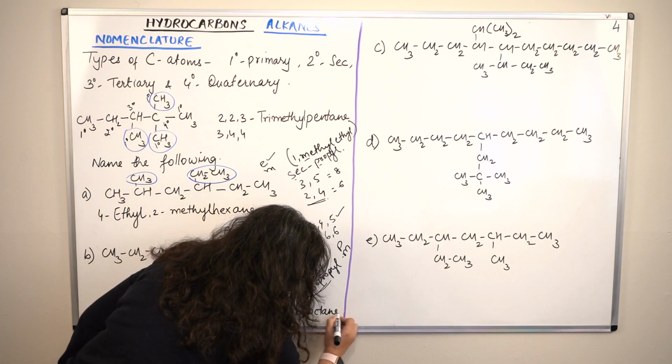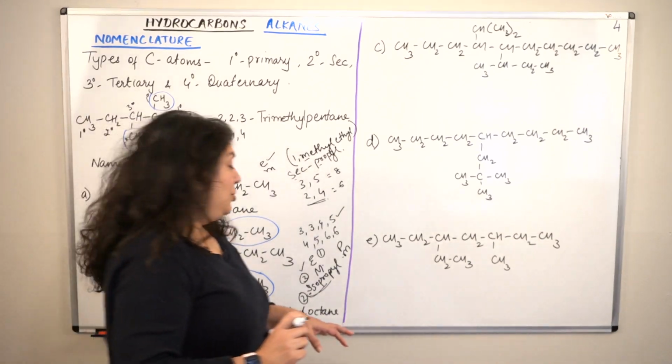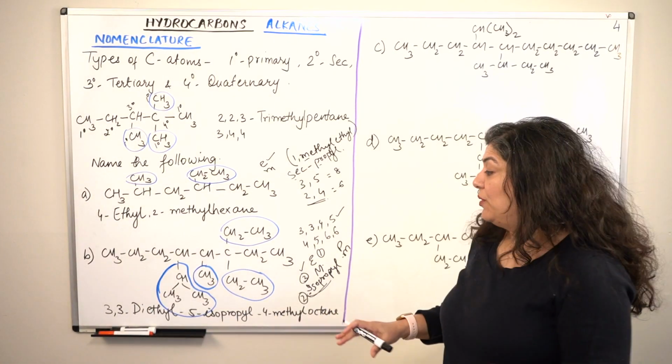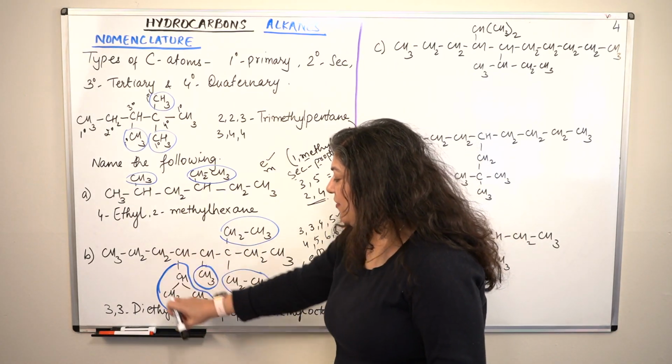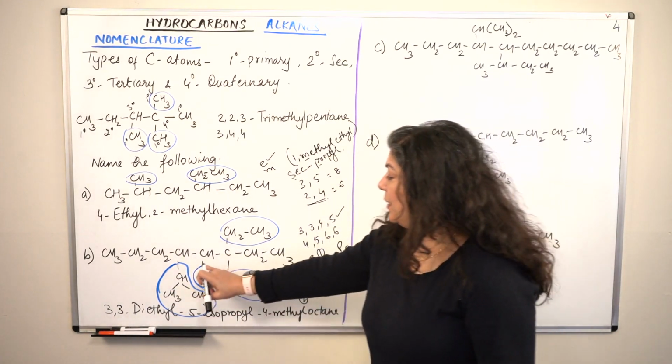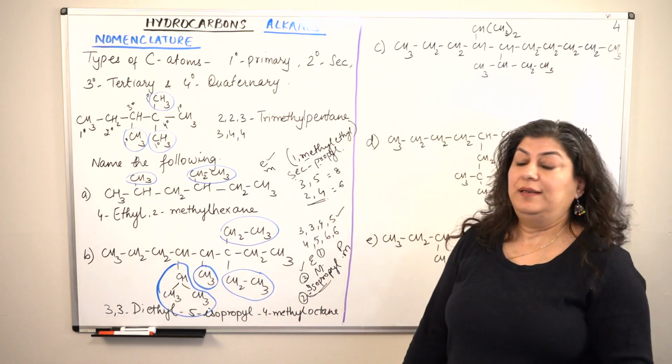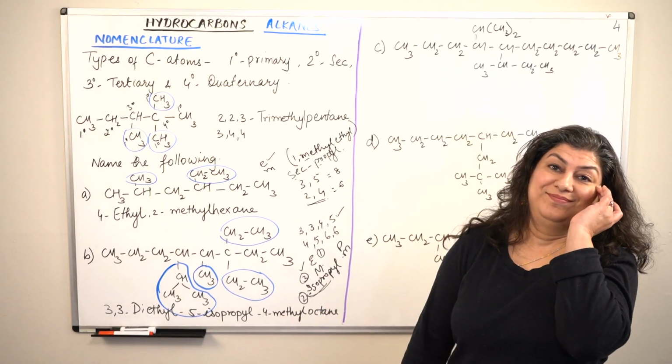Octane. Do you get me? That is how we will write the name of this compound. It will be 3,3-diethyl, 5 isopropyl, 4 methyl octane.